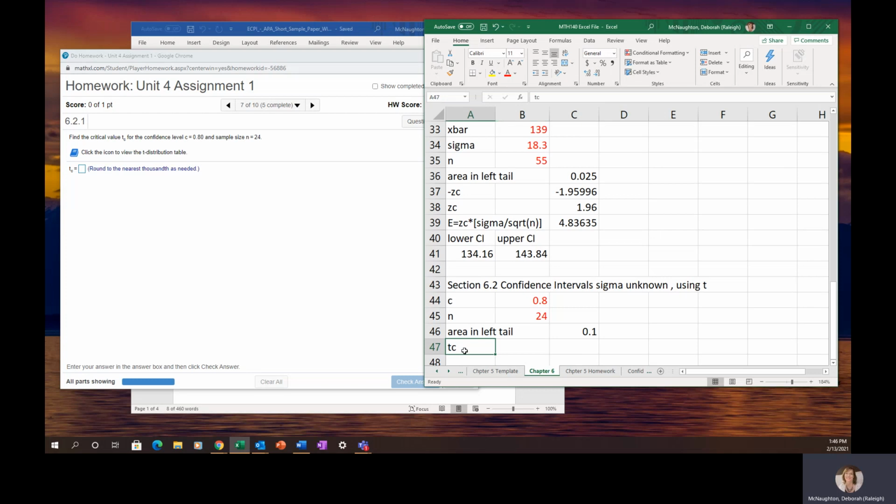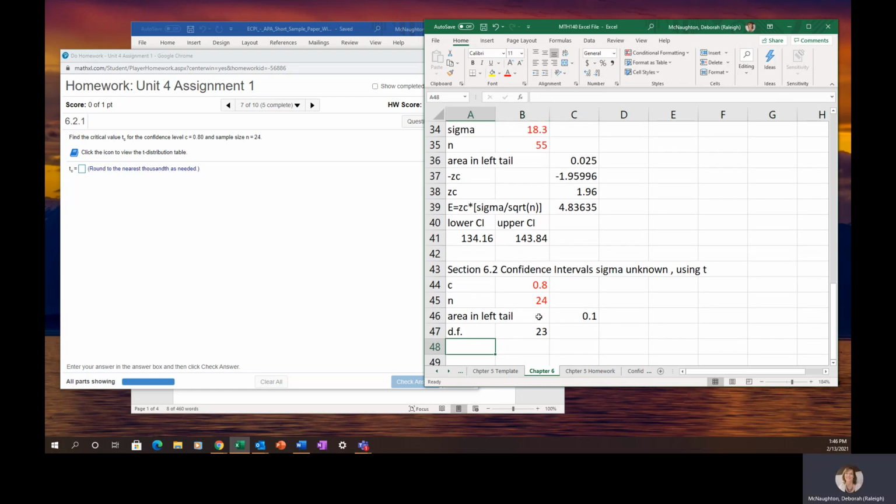Let me also do my degrees of freedom. These are my degrees of freedom, and the degrees of freedom are n minus 1. So now for my t_c, I go equals T.INV, and I put in my probability, which is 0.1, and my degrees of freedom. So put probability, comma, degrees of freedom.